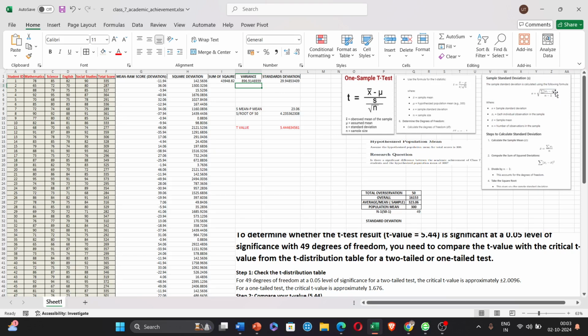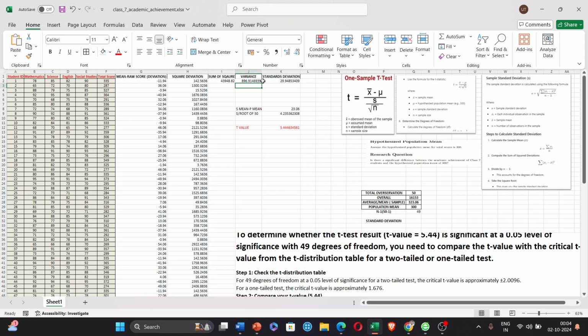Then after the square I go for n minus 1. N minus 1 means 49. So I divide this by 49. Once I did this, I got the variance. It is called the variance without the root. So when I have to do the standard deviation, it means taking the root.